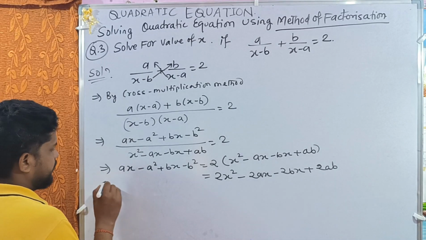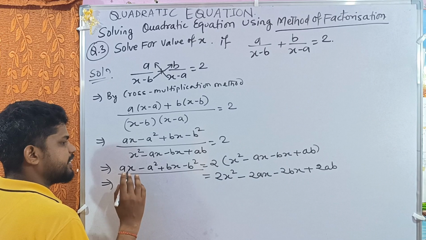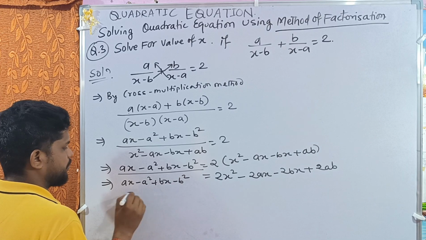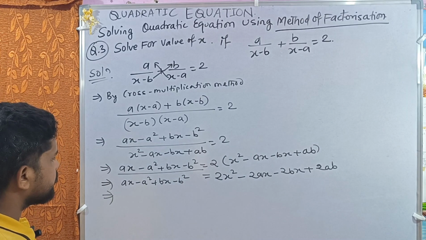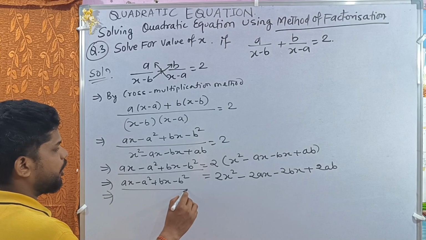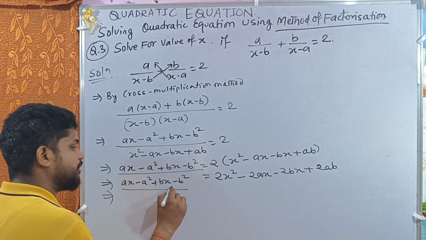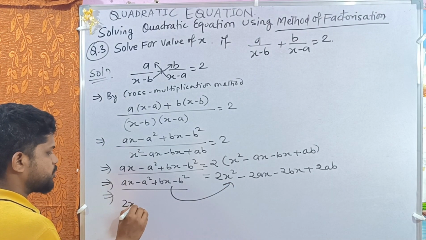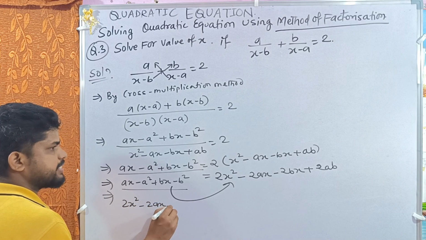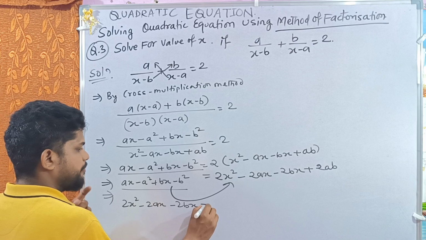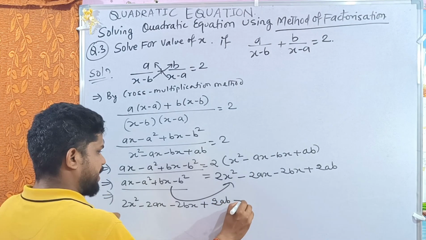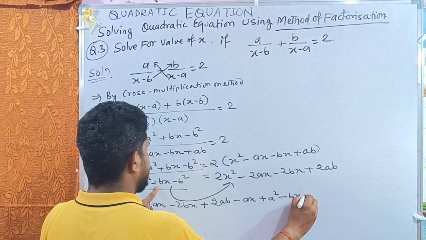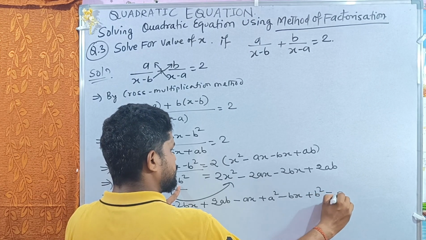Now here we can write this as it is, so it will be ax plus bx minus a square minus b square. Now let us shift all the expression which is written on the LHS to the RHS, and we will get 2x square minus 2ax minus 2bx plus 2ab minus ax minus bx plus a square plus b square, which is equal to 0.